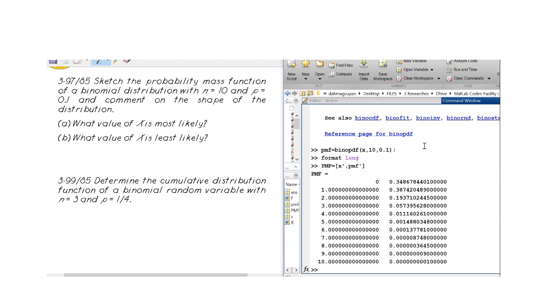So we have the x values here, and this is the probability mass function. The most likely is this one, when x is 1, and the least likely would be when x is 10.